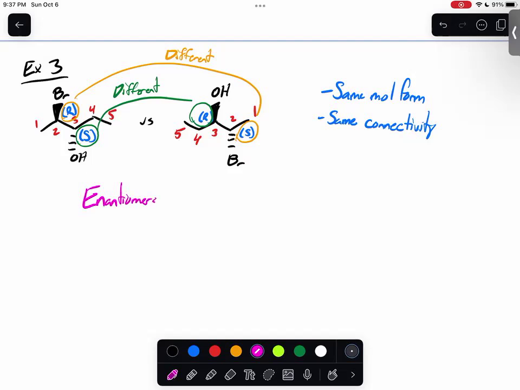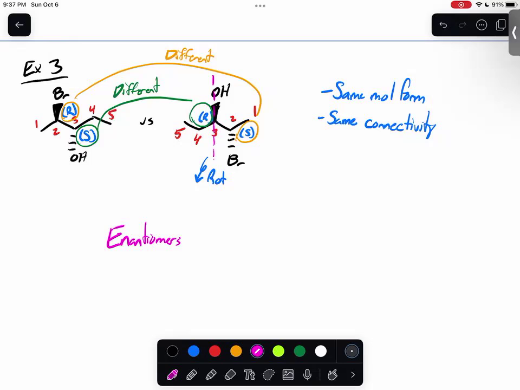Okay? But what we're going to do now is check that by doing some rotations. Because remember, we can rotate these to try and get them into the same orientation so that we can do direct comparisons between the bonds. So if we wanted to do a rotation of this one, first thing we can do is rotate along this vertical axis, I'll draw it in pink, right?